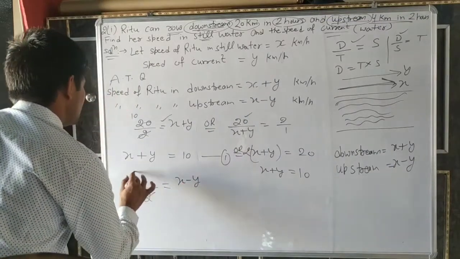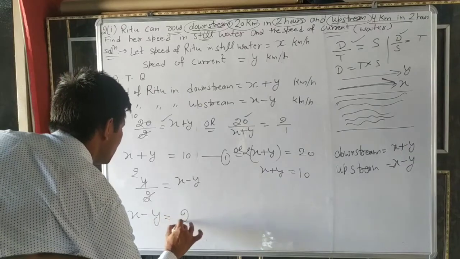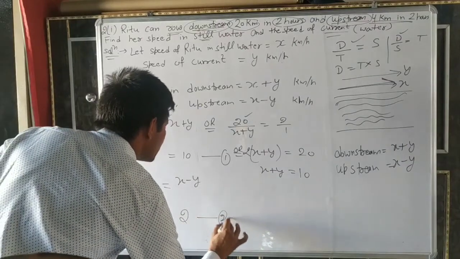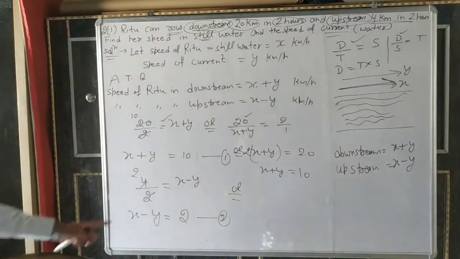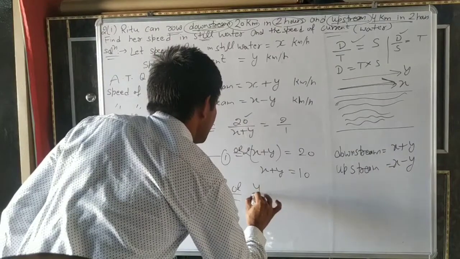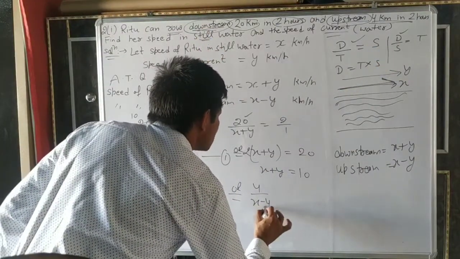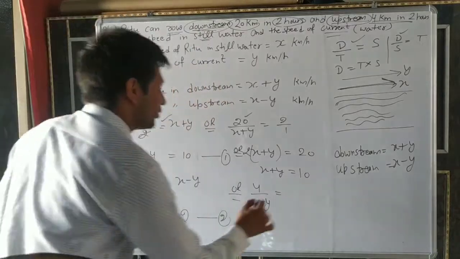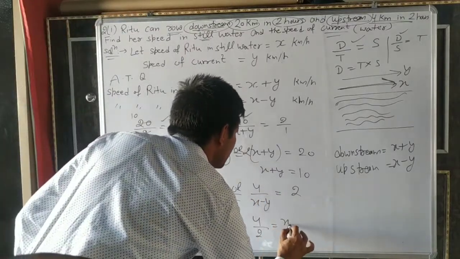So what remains? x minus y equals 2. Equation number 2. Or you can write distance divided by speed, where the speed in upstream is x minus y, equals time, so 4 divided by 2 equals x minus y.